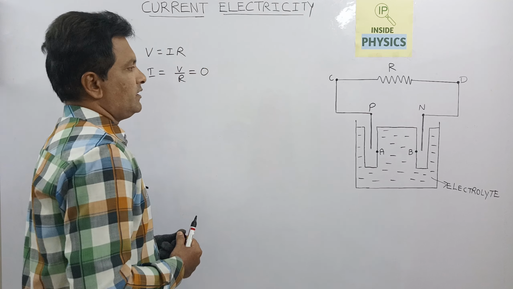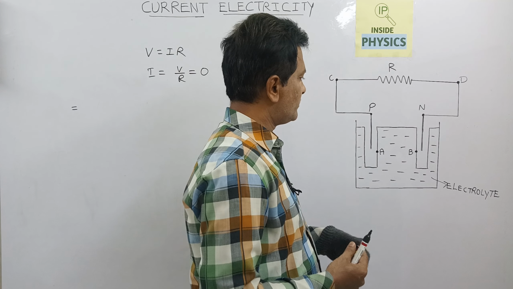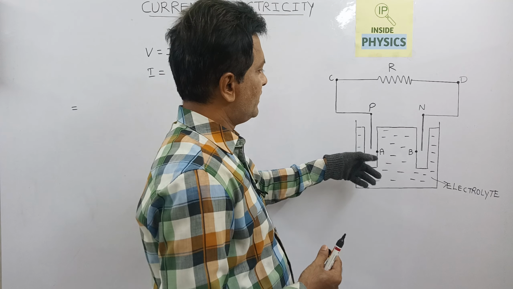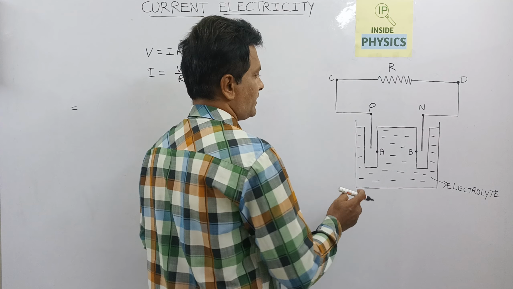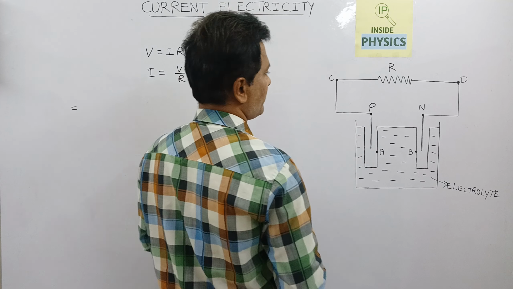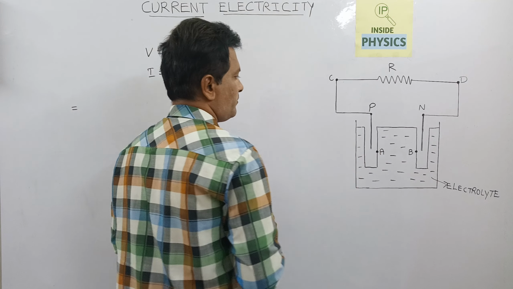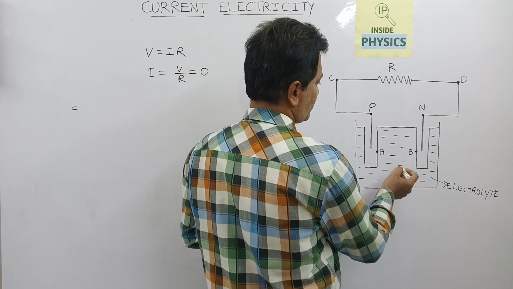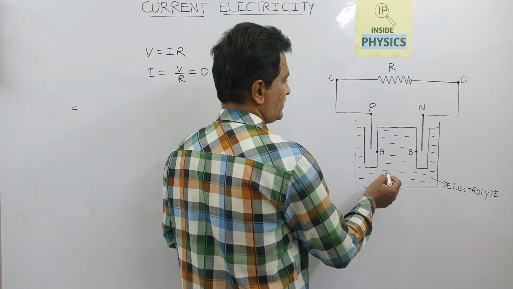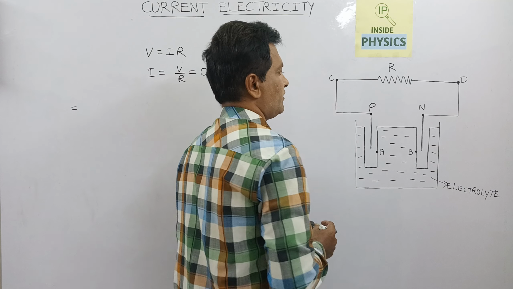When the electrodes are dipped in the electrolytic solution, they exchange charges with the electrolyte. The positive electrode accumulates positive charge, that means it gives back electrons to the electrolytic solution, and these electrons accumulate at the negative electrode.